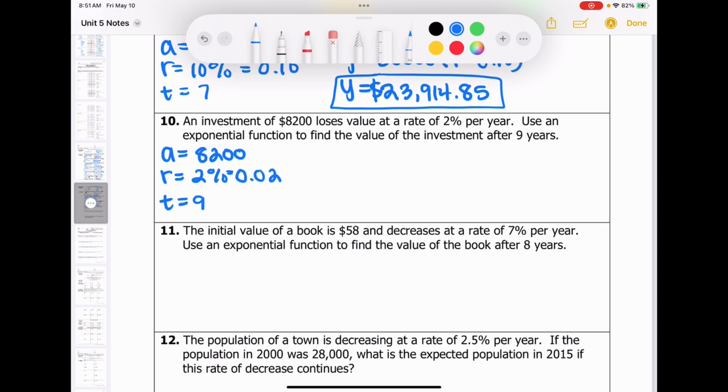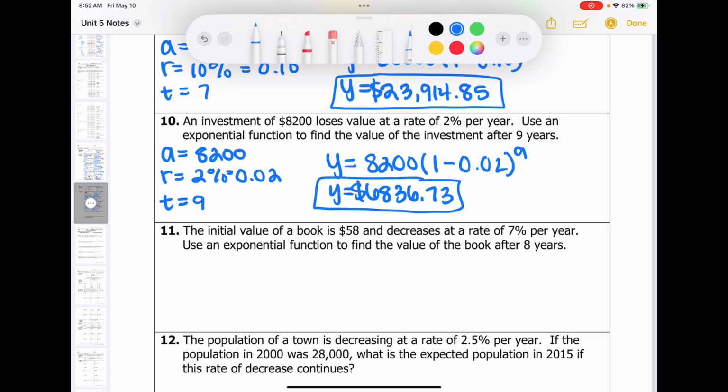And then our t is 9 years. So when I type that in, I get $6,836.73.